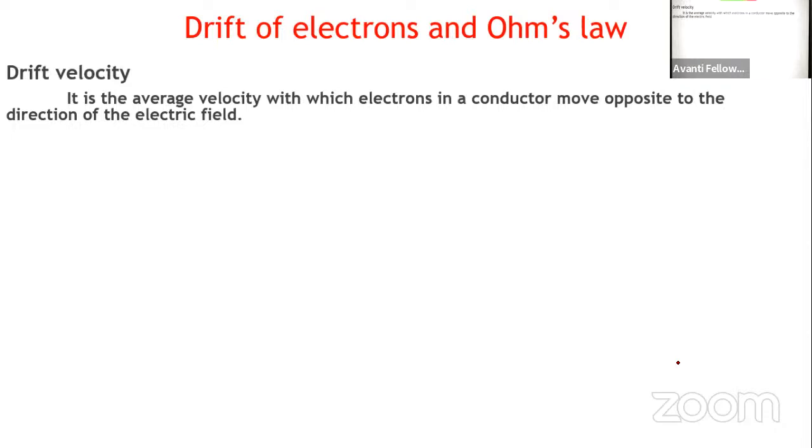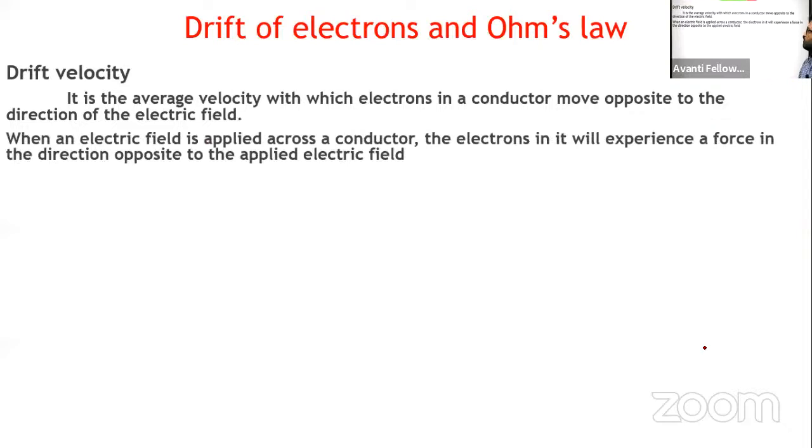It is the average velocity with which electrons in a conductor move opposite to the direction of the electric field. When electrons are in an electric field, they experience a force in the direction opposite to the applied electric field.